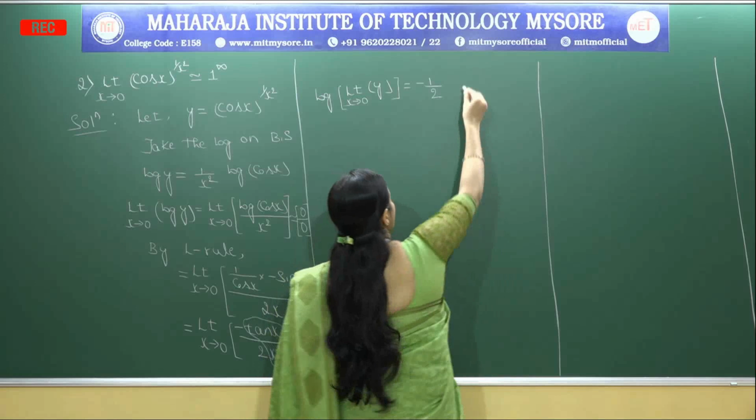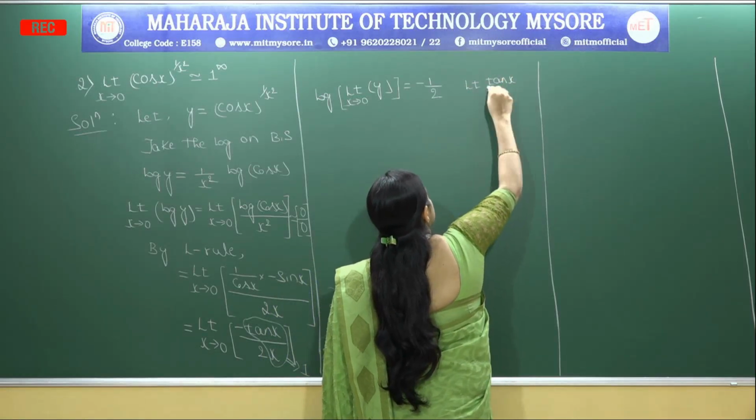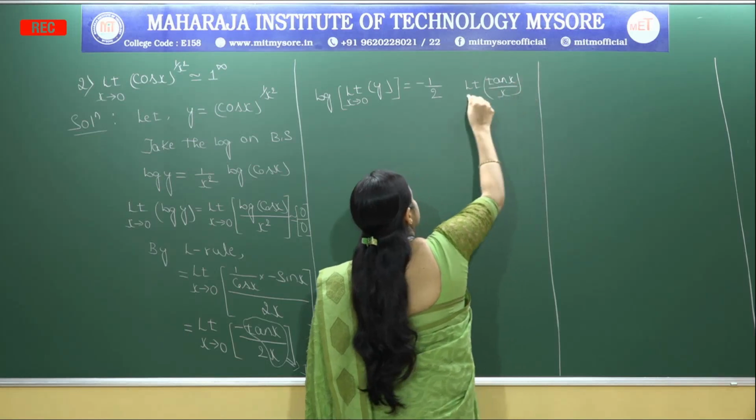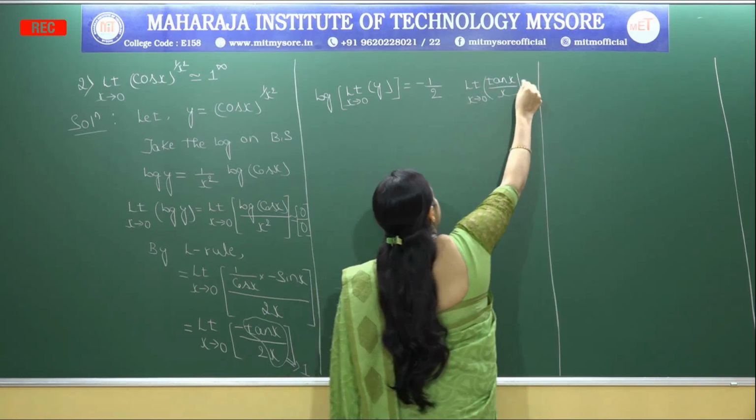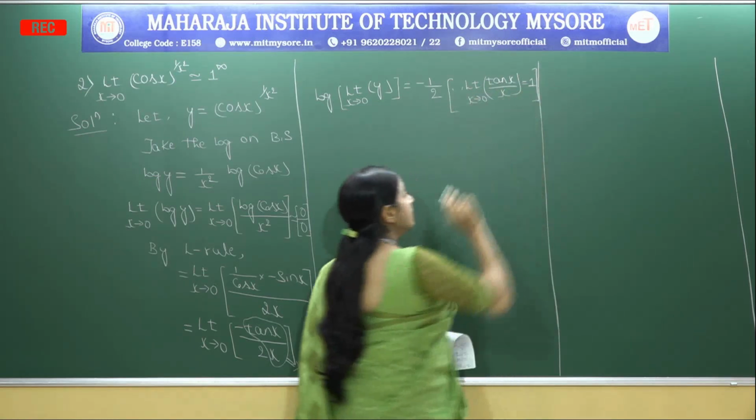This is because you know the property that the limit of tan x divided by x as x tends to 0 equals 1. You studied this in the last class.